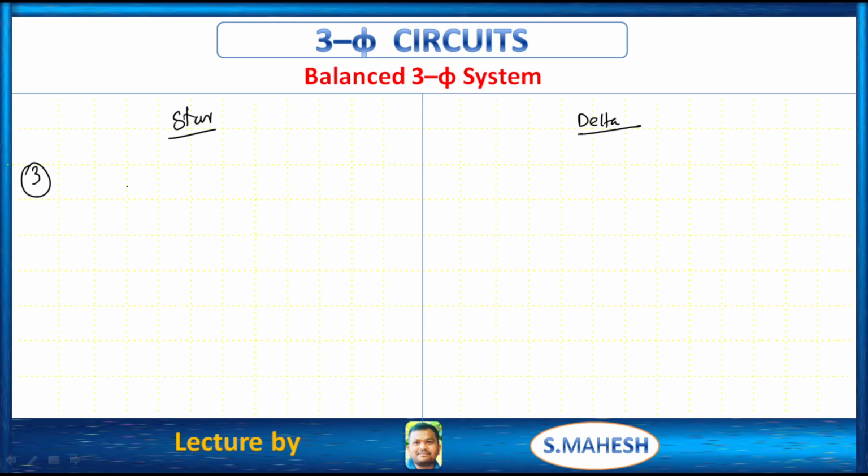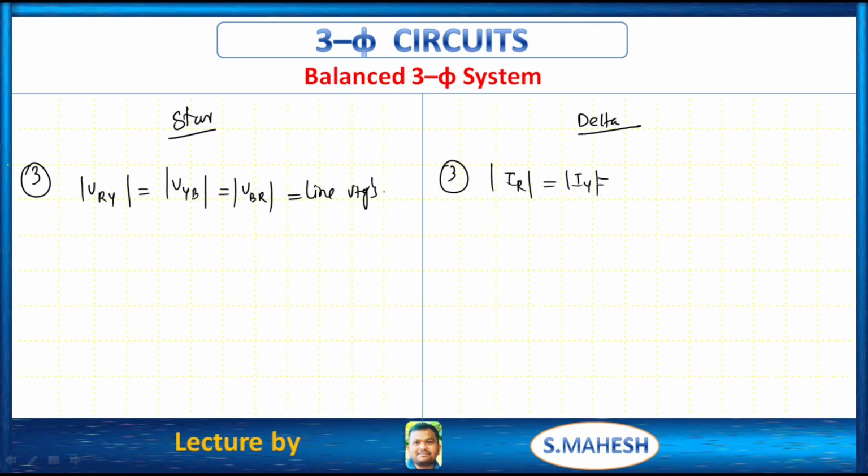Third point, right? In the case of VRY, VYB, VBR, they are nothing but what? Line voltages. In this case, line currents are nothing but what? IR, IY, IB. They are nothing but line currents. So, the summation of these three is equal to 0.